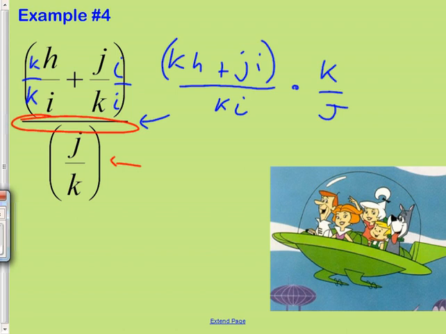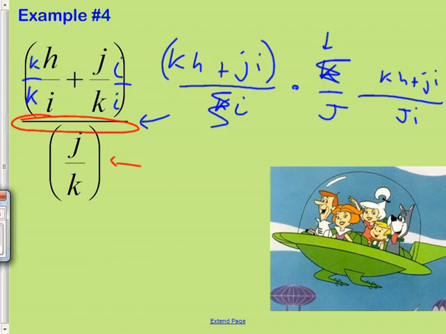Because now this is a multiply problem, and this is one of the factors. Therefore, see how the k's been factored out of this? So it can cancel with this k down here, and this cancels that, and they both turn into 1. Final answer, kh plus ji all over ji, or ij, doesn't really matter.